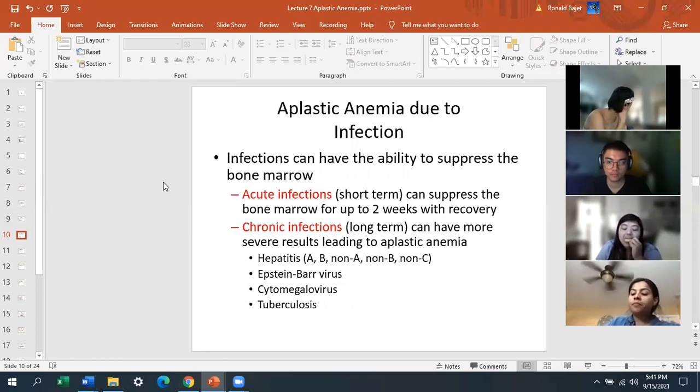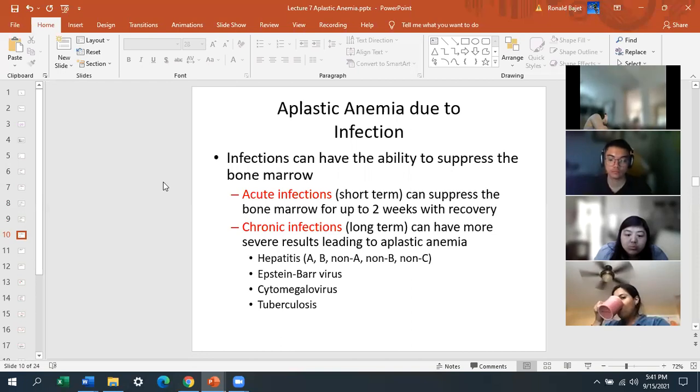So that's hepatitis A, B, non-A, non-B, non-C, Epstein-Barr virus, cytomegalovirus, and tuberculosis. Those can cause aplastic anemia. Those are chronic infections.